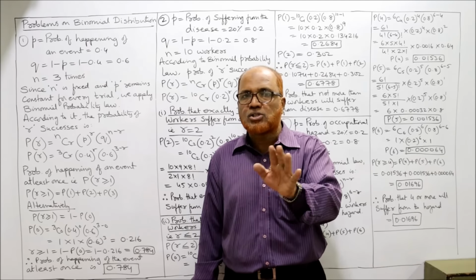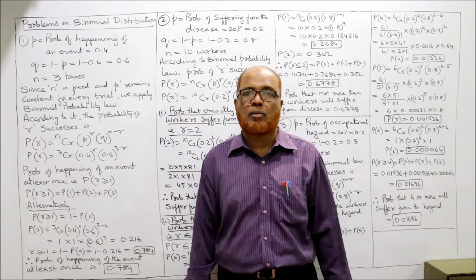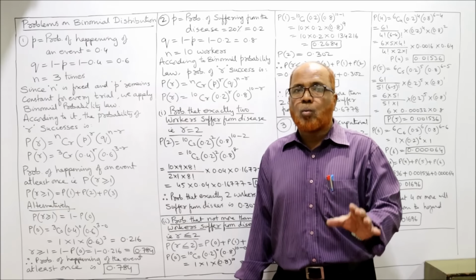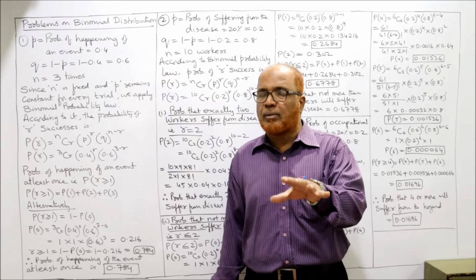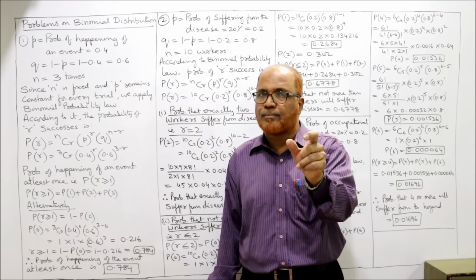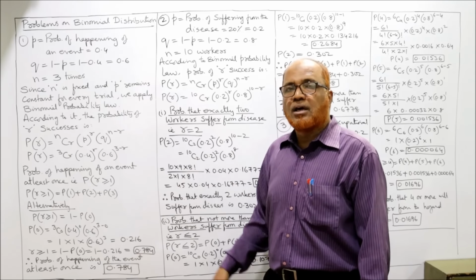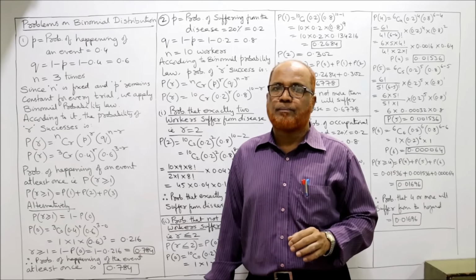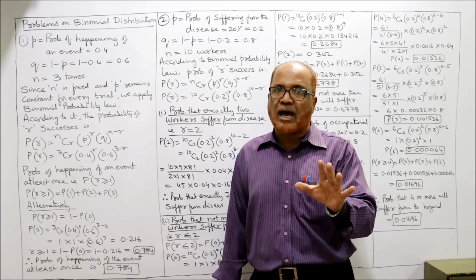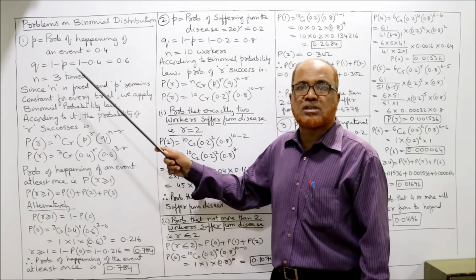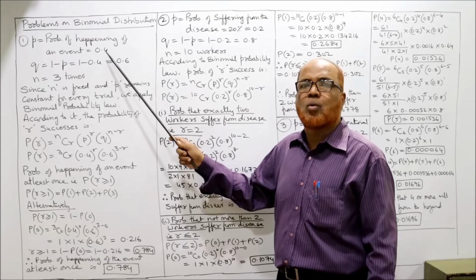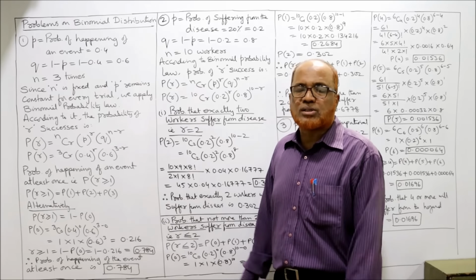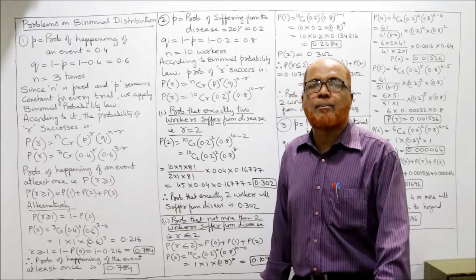In the problem it is not specified that you have to apply the binomial law, so how do we know it is a binomial problem? By the conditions. This law applies whenever the number of trials is fixed; here the number of trials is fixed at 3. Also, the probability of success P remains constant from one trial to another; the value of P should not change. Here it is constant: the probability of the event happening is 0.4, whether it is the first, second or third trial. So P remains constant for every trial and the number of trials is fixed, so we apply the binomial probability law.